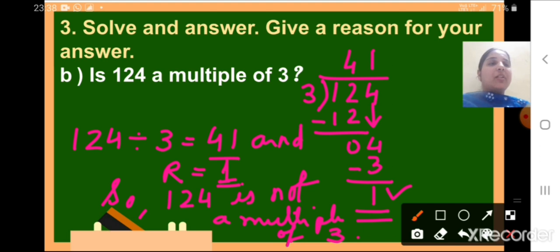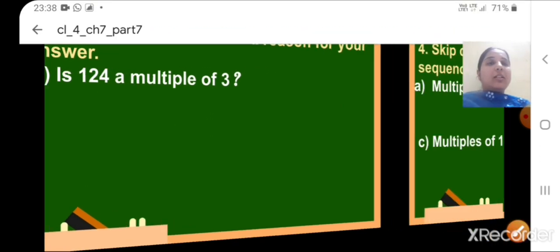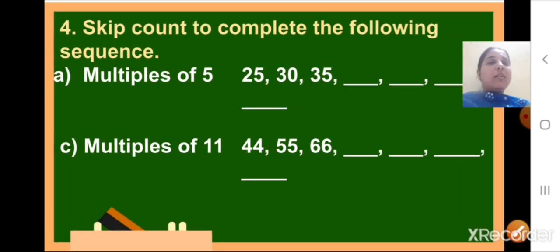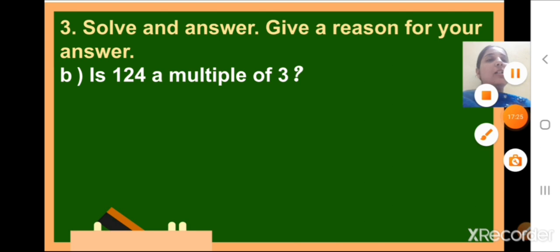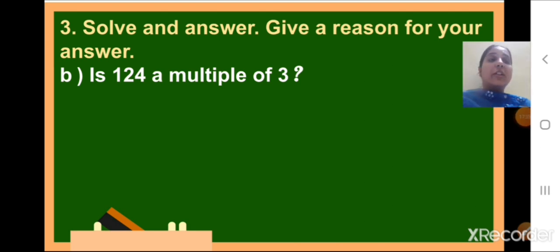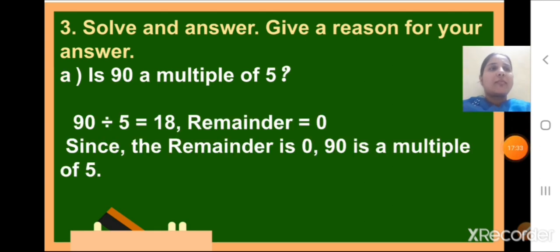Okay. So children, in this way you can find whether a larger number is a multiple of the smaller number or not. So children, you can write these answers like this.